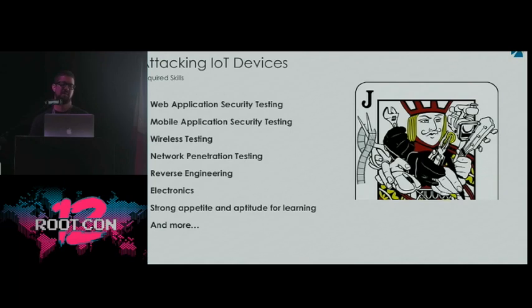You need to know how to do web application security, mobile application security, wireless testing, network pen testing, reverse engineering, electronics. And you have to have a strong appetite and aptitude for learning. And again, the reason is because this ecosystem is so large. Every time you see a new device, you'll most likely find a new chip in it, a new protocol in use, something new, and you have to be able to learn it real quick and figure out how it works.